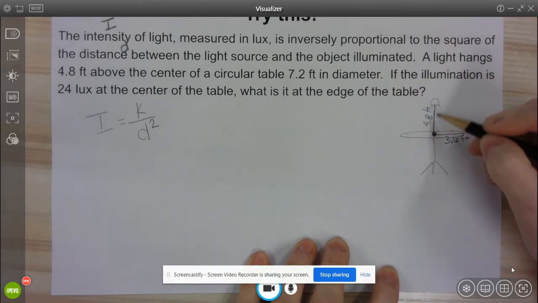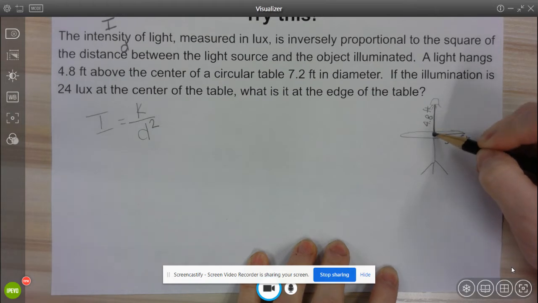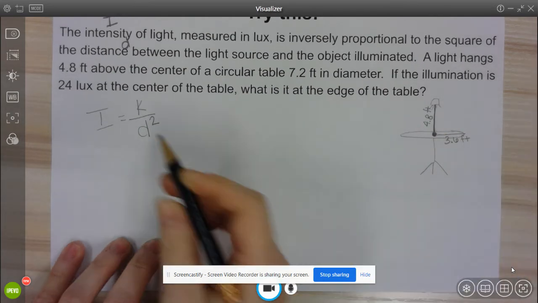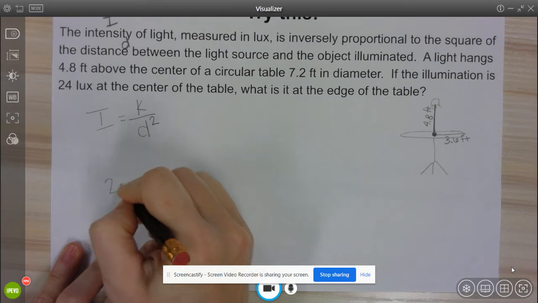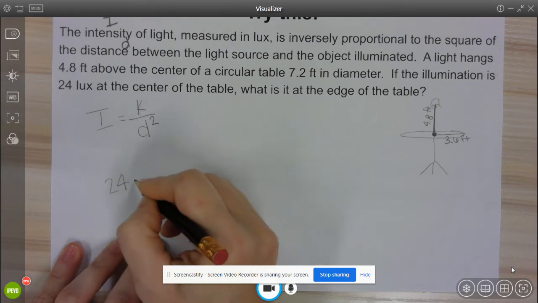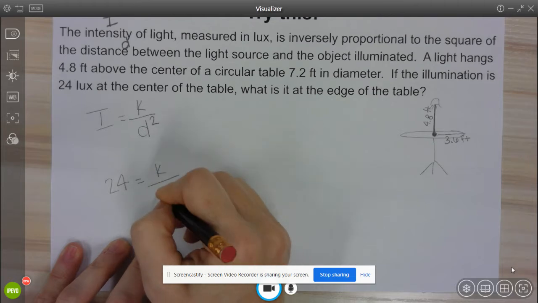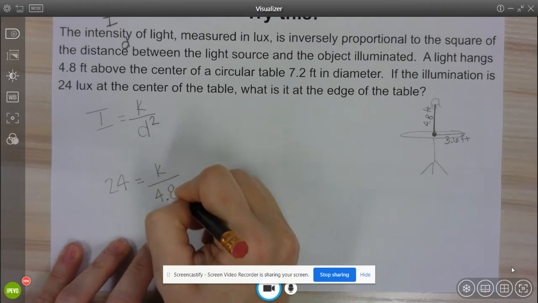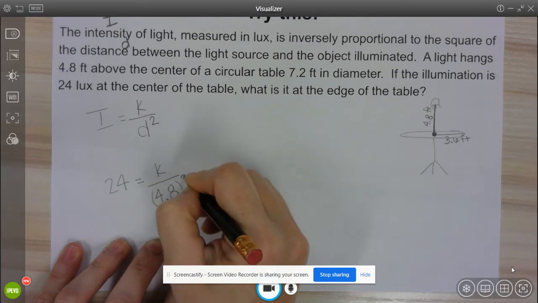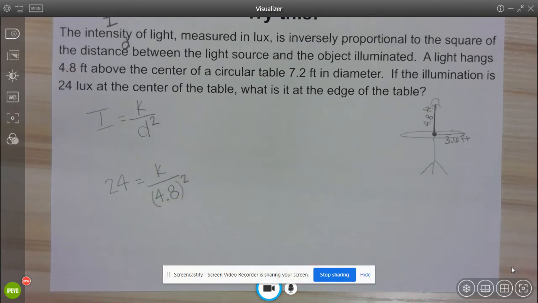And I know the intensity of the point right below the lamp. So that would be an intensity of 24 lux is my constant that I don't know yet, divided by 4.8, the quantity or the value squared.